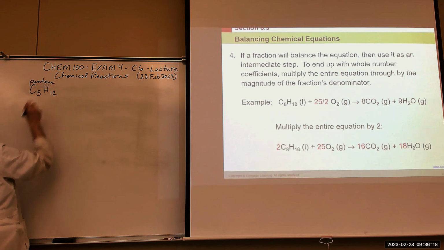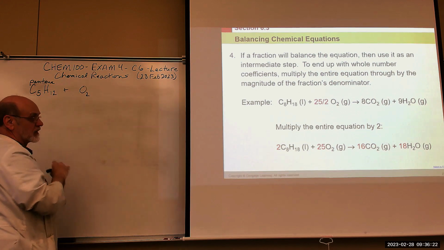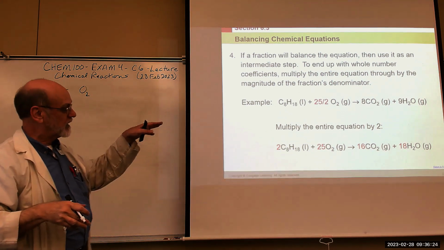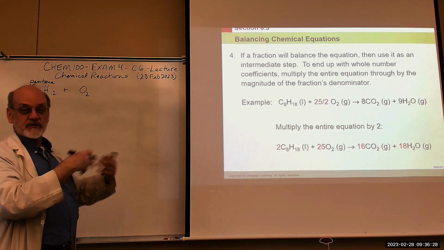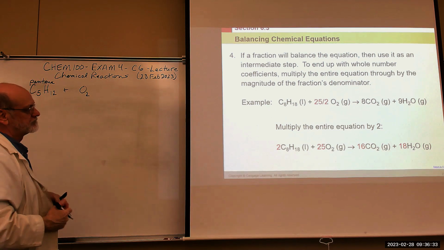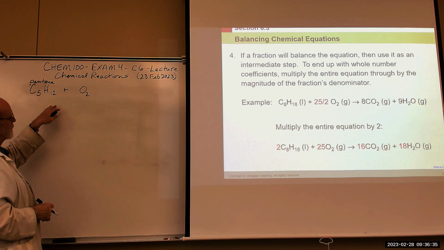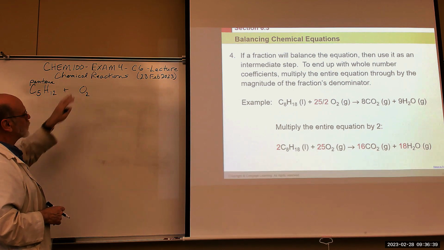Okay, and we're going to burn it, right? We're going to have a similar reaction to this one, only I'm using a different compound. The process will be the same, but it will probably have different coefficients.